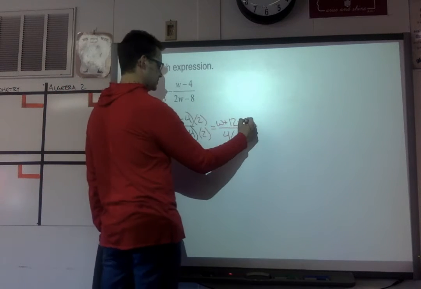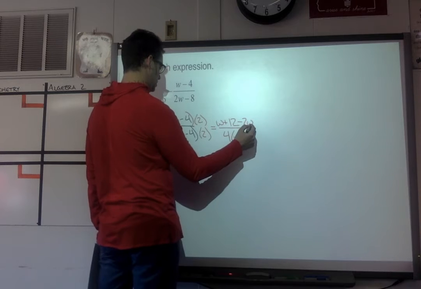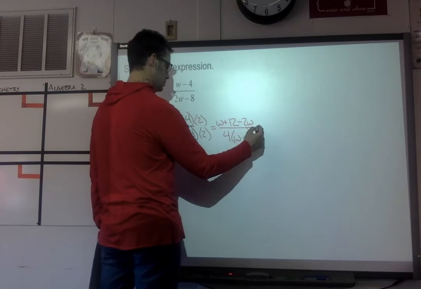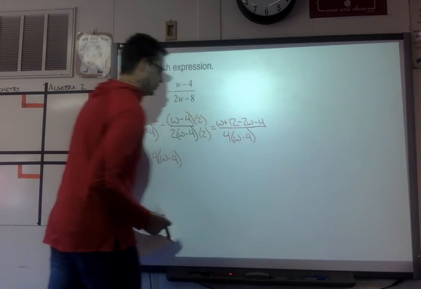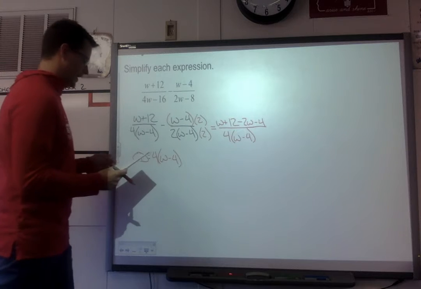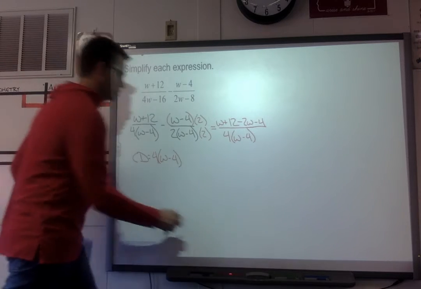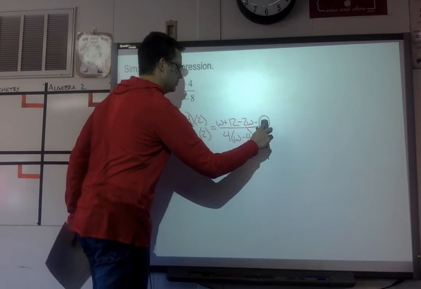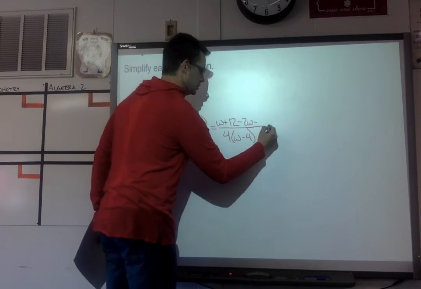So minus 2w minus 4. So then I need to combine my like terms, and I'm going to have, wait, sorry, nope, not minus 4. Trying to move too quickly through this.